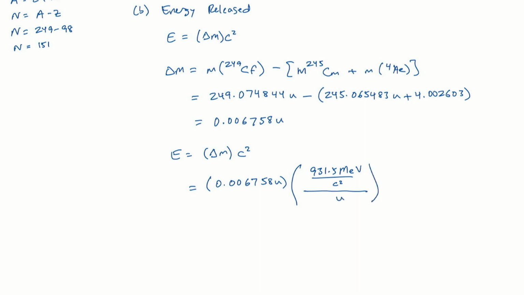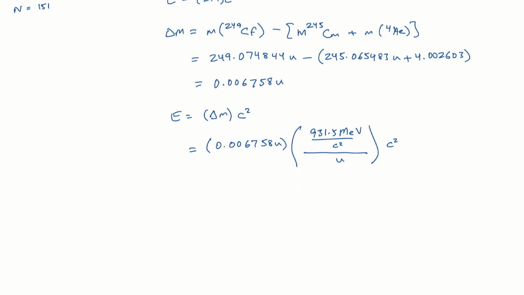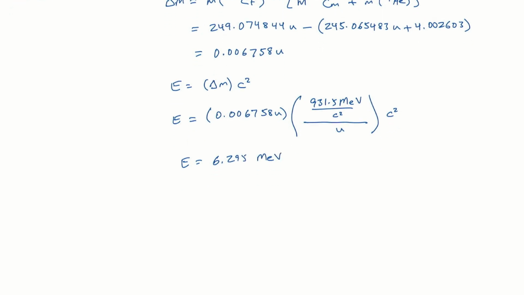And then we multiply by c squared, so the c squareds cancel. We don't need to put in the values. So that's the energy. And so the energy that is released is 6.295 mega electron volts. And so to 3 sig figs, we can call that 6.30 mega electron volts. And that was everything we needed to find.